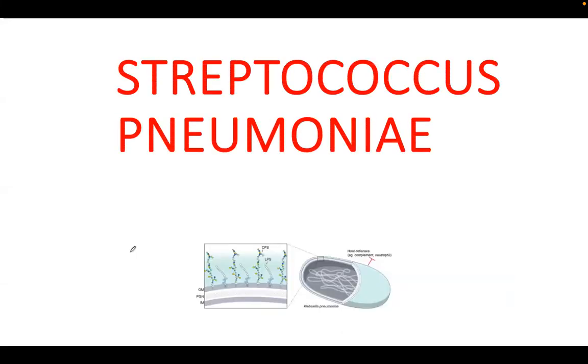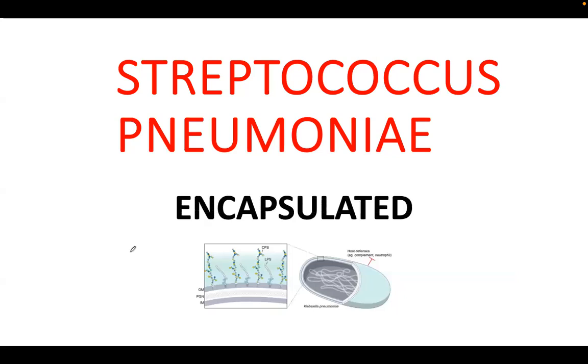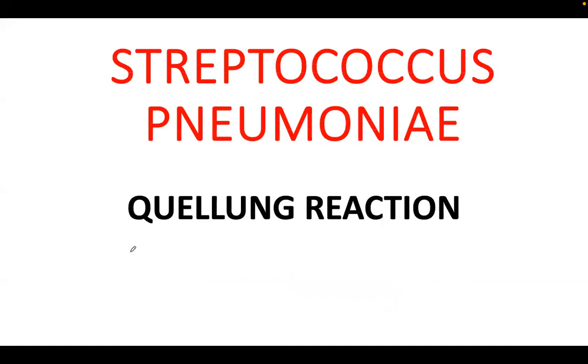Now, if you remember strep pneumoniae, it is encapsulated. I want everyone to remember encapsulated organisms. For strep pneumoniae, the capsule is identified by performing the Quellung reaction. This will differentiate strep pneumoniae from the other organisms.